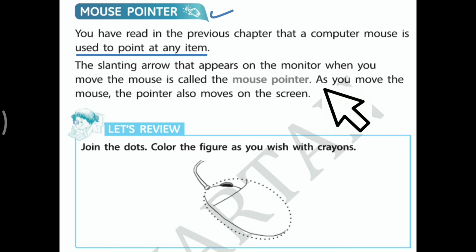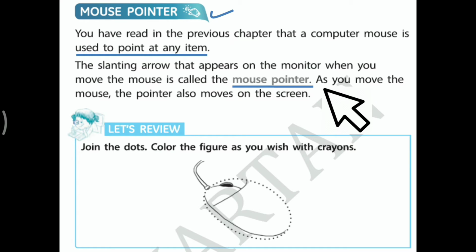As you move the mouse, the pointer also moves on the screen. So students, the mouse pointer is a slanting arrow which appears on the monitor screen, and when you move your mouse, the mouse pointer will also move.